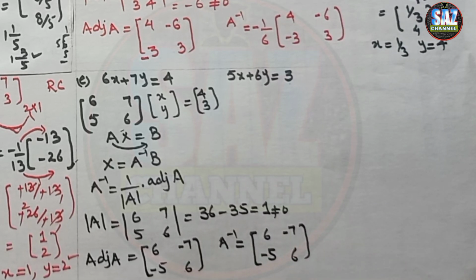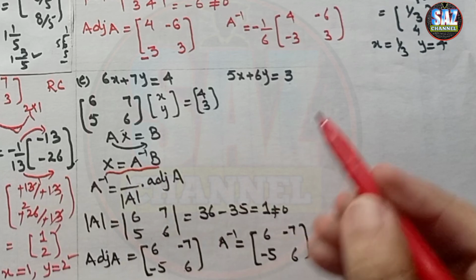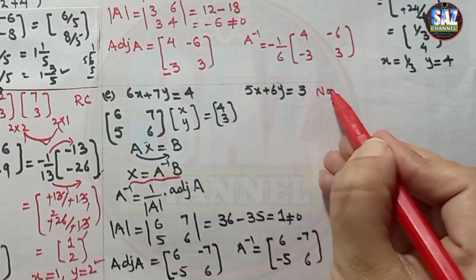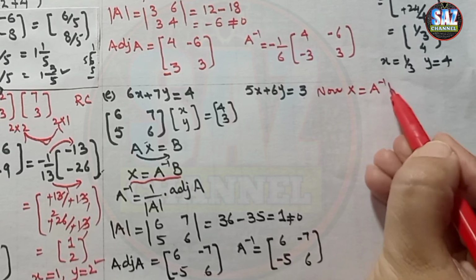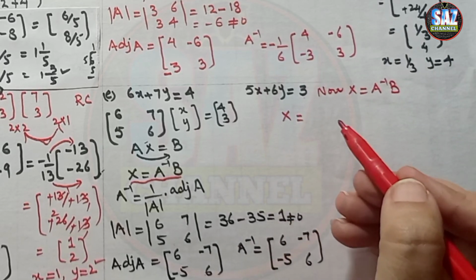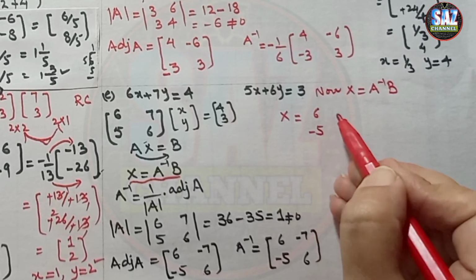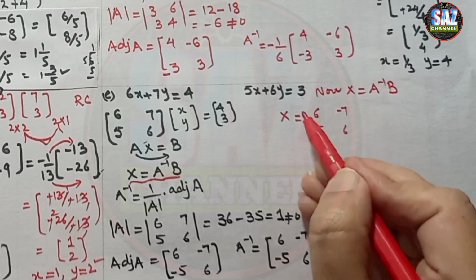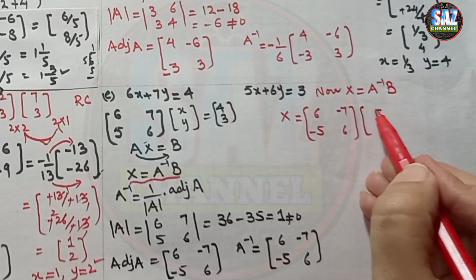Now we have to go for the solution of the equation X equals A inverse B. A inverse has the entries 6, minus 5, minus 7 and 6, and B has the entries 4 and 3.